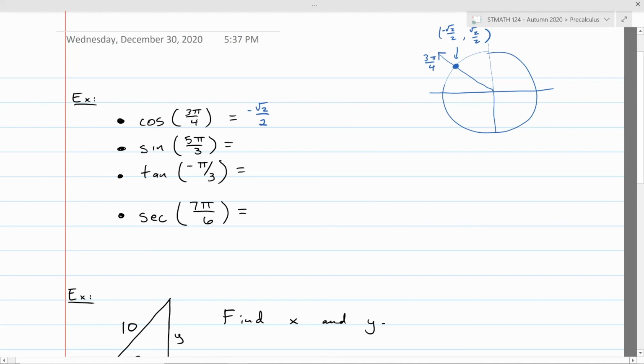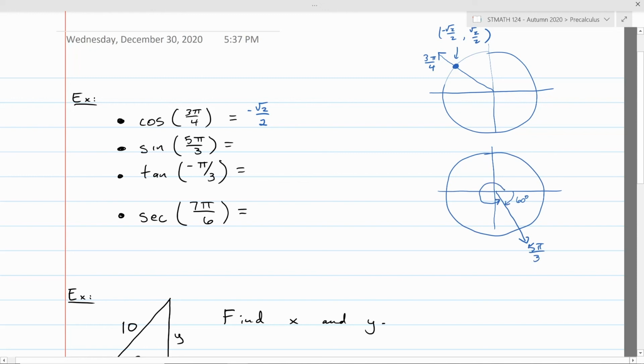If I was going to do the sine of 5 pi over 3, well, first I have to locate where is 5 pi over 3. Well, I know that 5 pi over 3 is this angle that's sort of down here. It's like essentially 60 degrees downward into the fourth quadrant. So this is 5 pi over 3 here, if I go around that way.